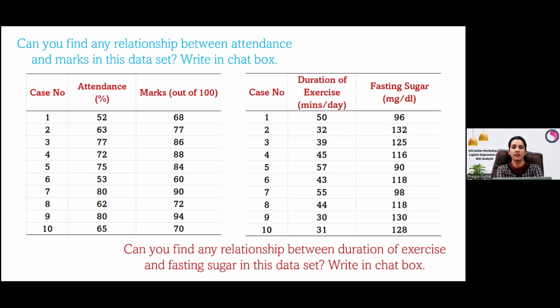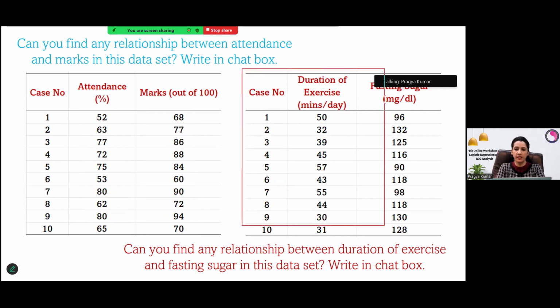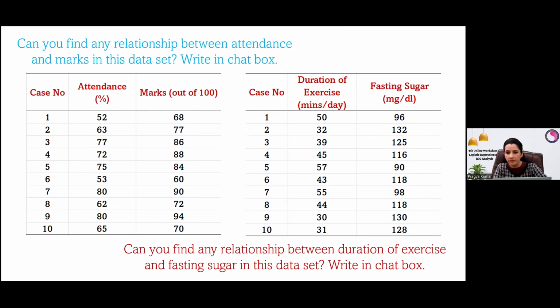Similarly, I have given you another example of duration of exercise and the fasting blood sugar. So can you see any relationship between these two, duration of exercise and the fasting blood sugar?